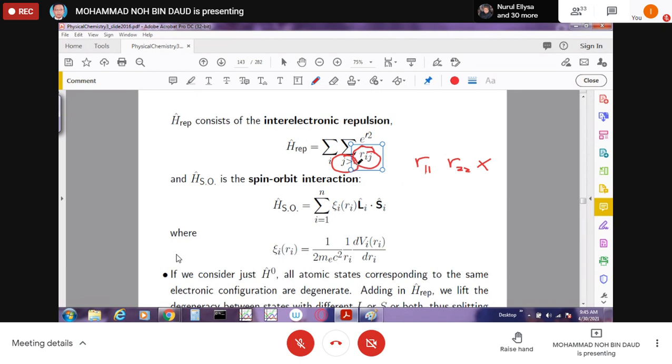So if you have 3 electrons, we can have R12, R13, and this.